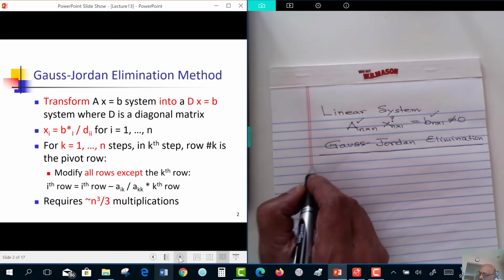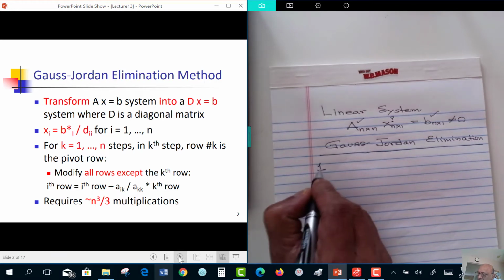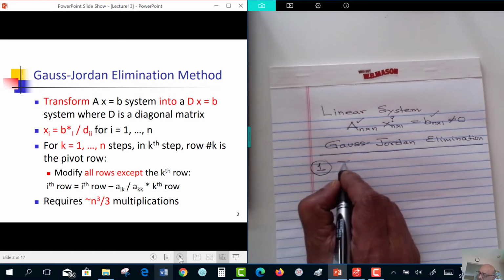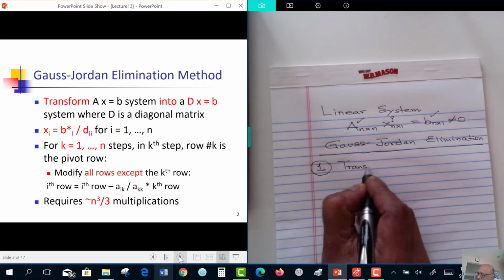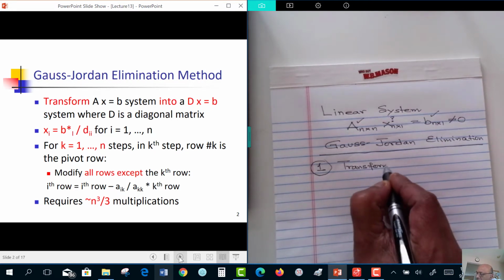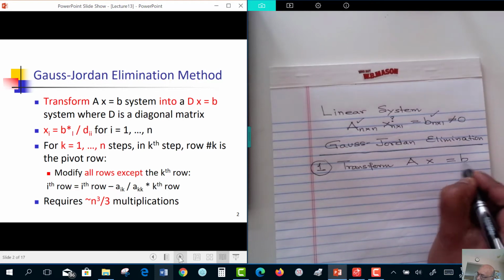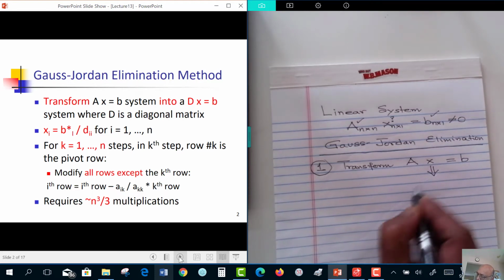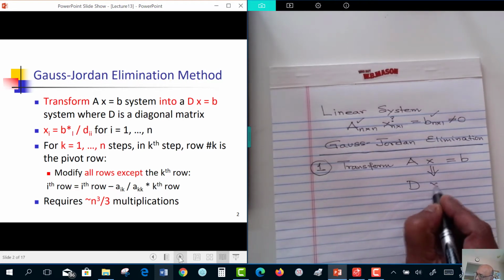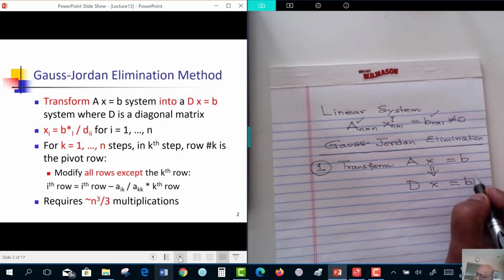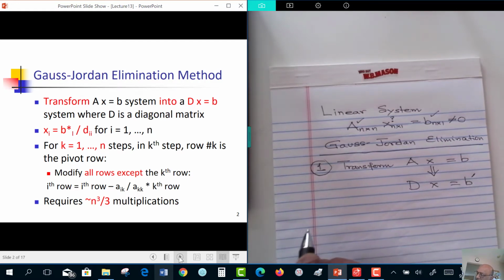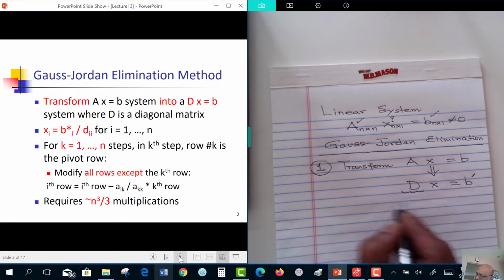Gauss-Jordan elimination method has two stages. First stage is we transform our system AX is equal to B into a system DX is equal to B prime. So this D matrix is a diagonal matrix.